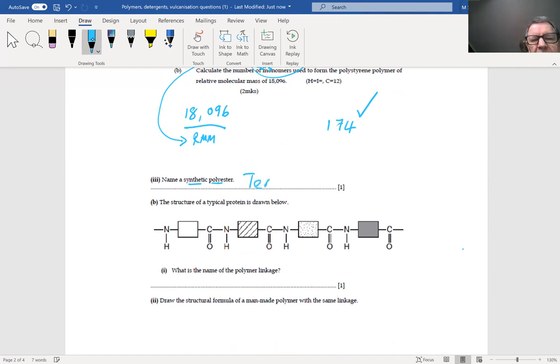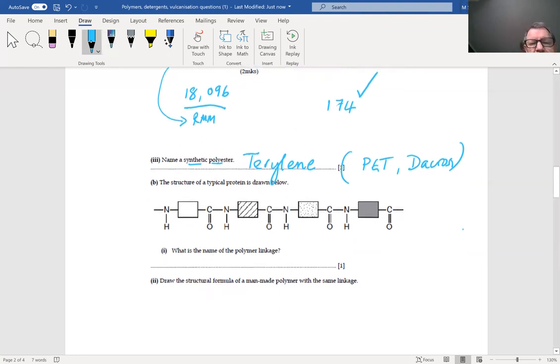The best one to remember is terylene, okay? There are other ones, like there is PET and there is Dacron, if you know these ones, but I would remember terylene. It's the most common of the ones that we do.